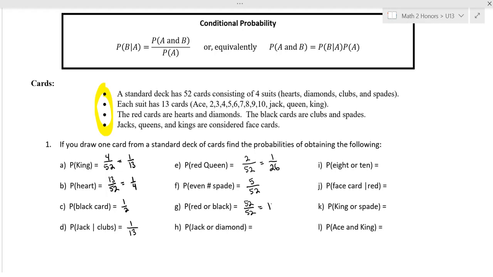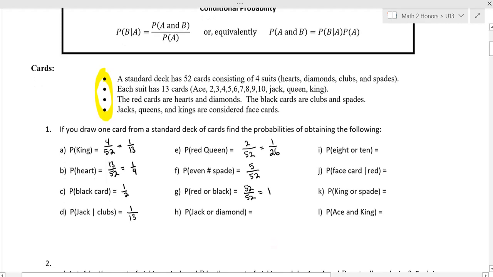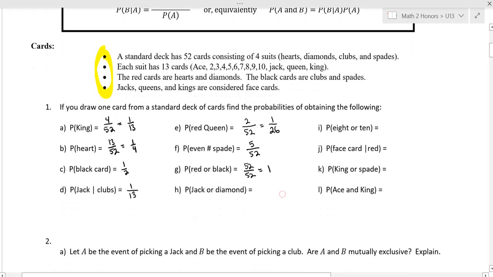Probability of a jack or a diamond. On this one, rather than think fundamental or elementary probability, I'm gonna think of the OR formula. So that would be the probability of getting a jack plus the probability of getting a diamond minus the probability of getting both, a jack and a diamond.